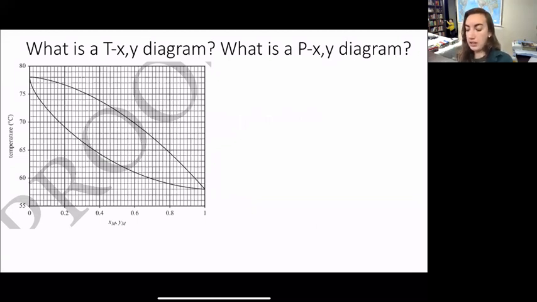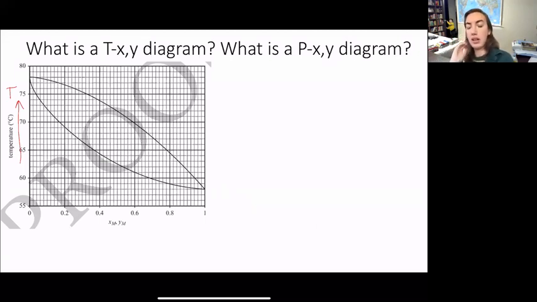Our y-axis here is temperature, T, and then our x-axis is mole fractions. So what we have here is xm, ym. So instead of having a mixture of A and B, we have a mixture of M and something else. And so what we have along the x-axis is those mole fractions.